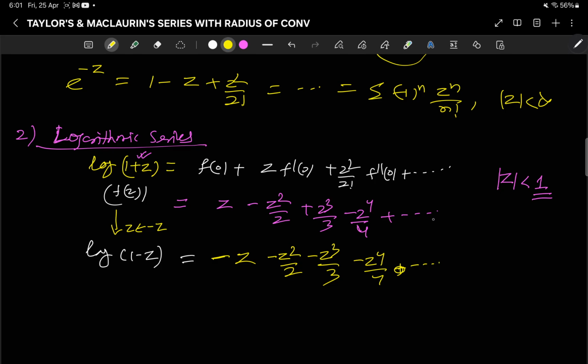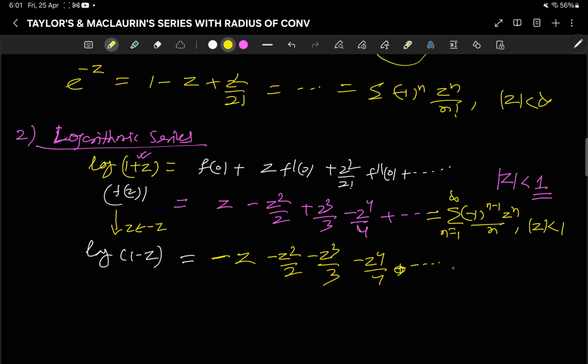So all are minus, and I can write it here as summation of minus 1 to the power n minus 1, z to the power n by n, with n equal to 1 to infinity, with mod z less than 1.